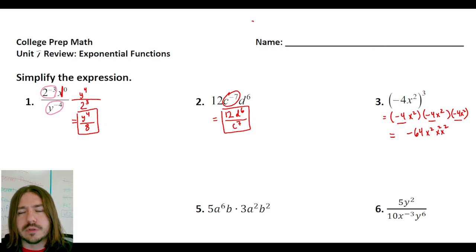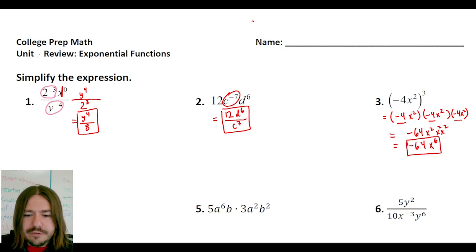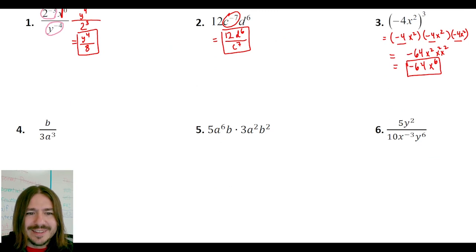When we're multiplying powers that have the same base, you can combine them by adding the exponents. So 2 plus 2 plus 2 would be 6. And so we would get, as our final answer here, negative 64 times x to the 6th. And that's it for number 3. Let me scroll down here. I think my head's covering up the next one, number 4.